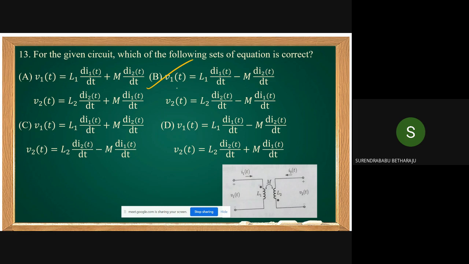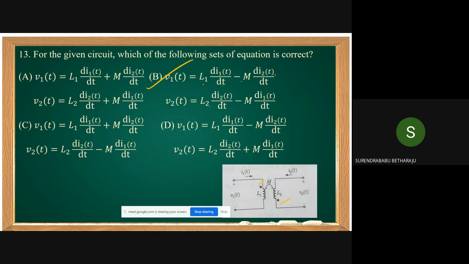Please check this one. I'm writing here aiding or opposing. It is opposing connection, because for this coil the dot is at the starting, for this coil the dot is at the ending. That's why you can write L1 into di1 by dt minus M into di2 by dt.